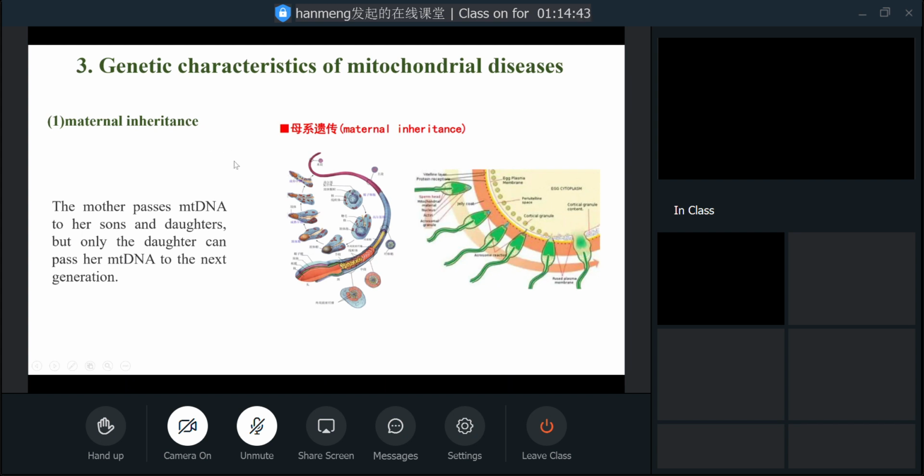So it is a maternal inheritance. It means the mother passes the mitochondrial DNA to her sons and daughters, but only the daughters can pass her mitochondrial DNA to the next generation.